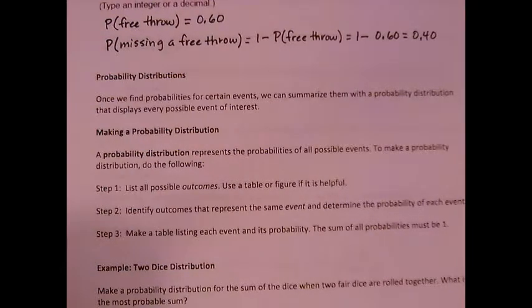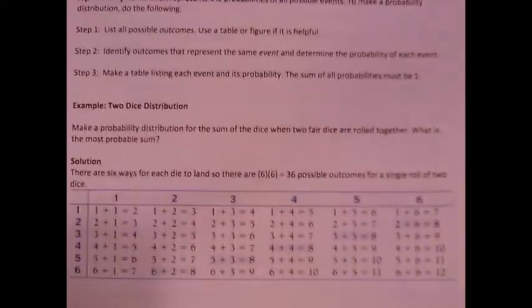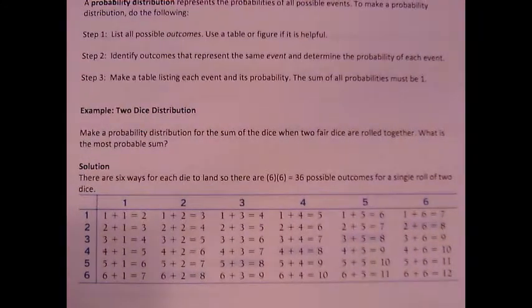Now, an example of making a probability distribution would be something like this. Let's say we have a 2 dice distribution. You're going to make a probability distribution for the sum of the dice when 2 paired dice are rolled together. What is the most probable sum? Well, you have to look at it this way. There are 6 ways for each die to land.